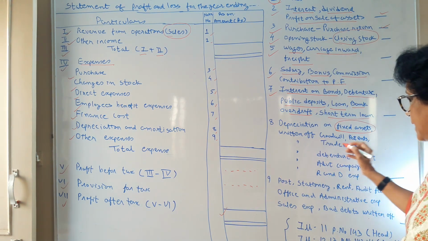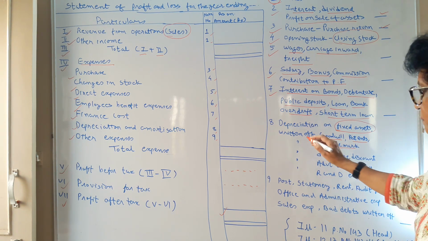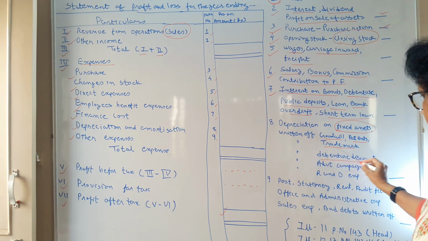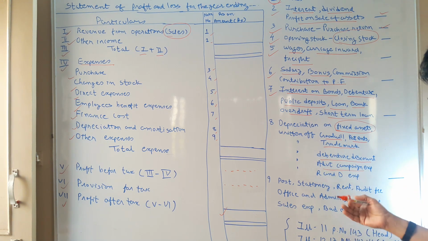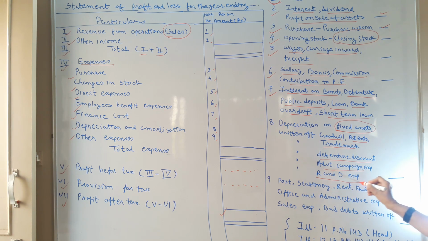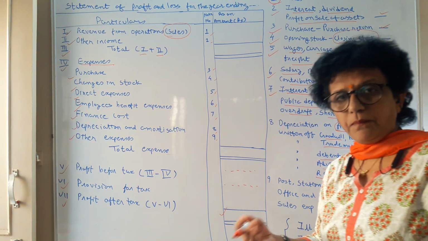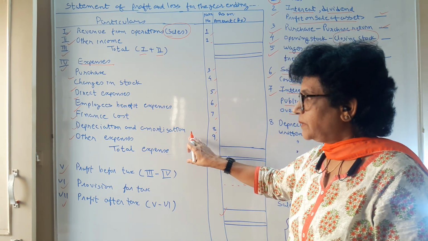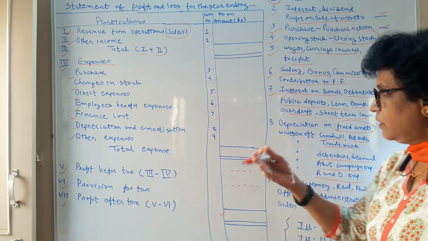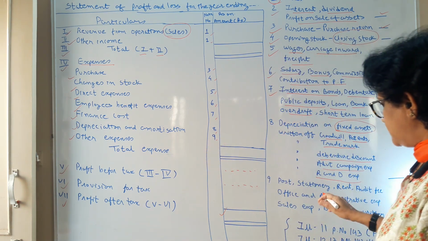You may have write-offs of goodwill, patent and trademark. You may write off the debenture discount, you may write off the advertisement campaign expense, and you may write off the R&D expense, that is research and development expense. So all are to be considered as depreciation and written off expenses. Note number 9 is other expenses.